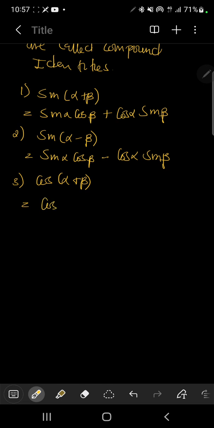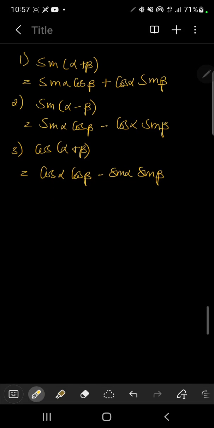So this becomes cos of alpha cos of beta, then if it is positive there, the sign becomes minus sine of alpha sine of beta. So here you just change the sign, but the order follows a trend, because the cos follow each other and the sine follow each other.